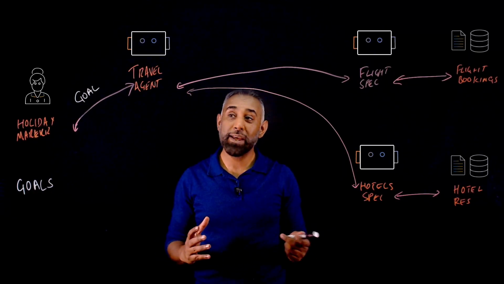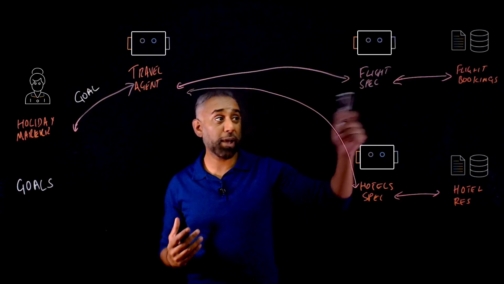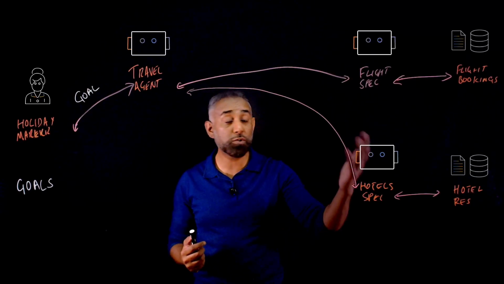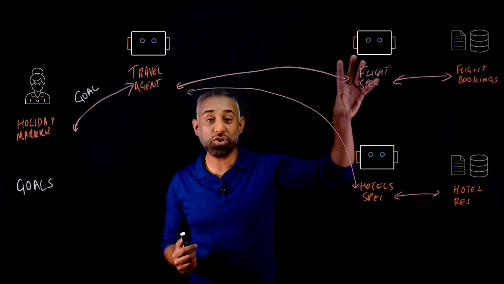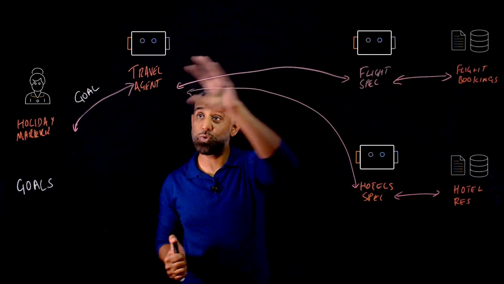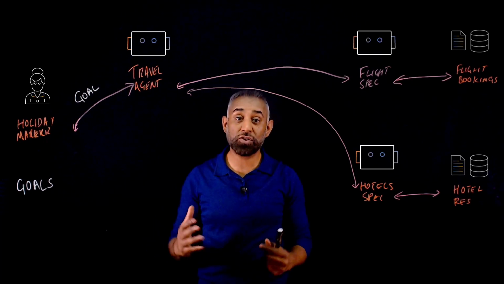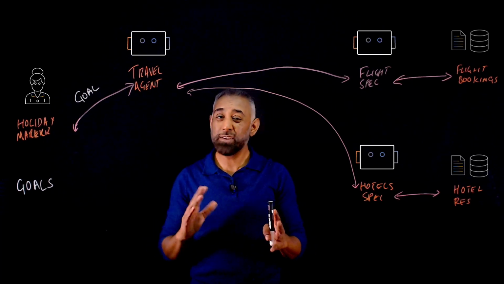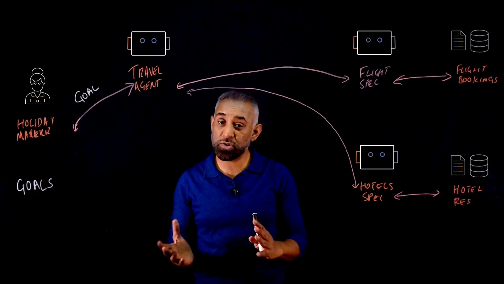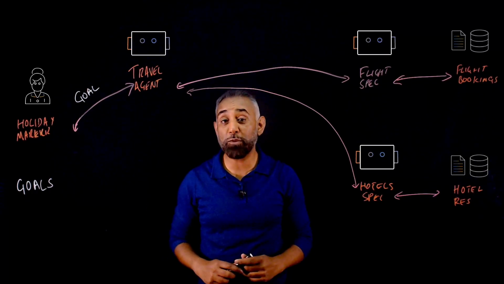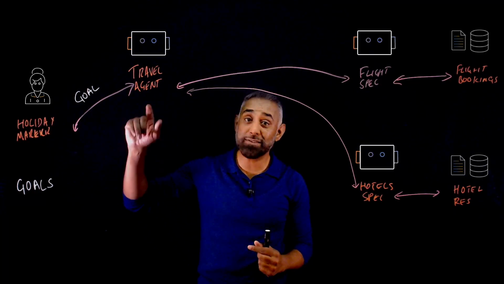So we can provide that feedback to our flight specialist to give an answer. So reflection or iteration on the response from our AI agent, the flight specialist, to our AI travel agent is key. To say, you know what, this is okay, it's close but not close enough. Can you try again with slightly different criteria and see if we can get a better response back? And it's measuring that against the goal.